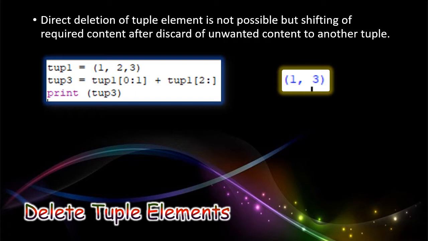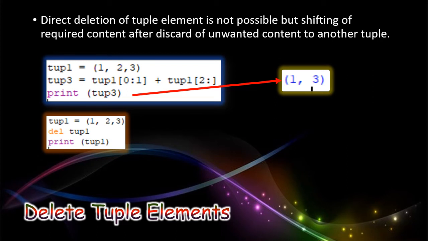So these two values will be concatenated and assigned to tuple 3 and printed. Likewise we can remove an element, but we can't remove it from tuple 1 itself; by slicing and assigning to some other variable you can remove it.